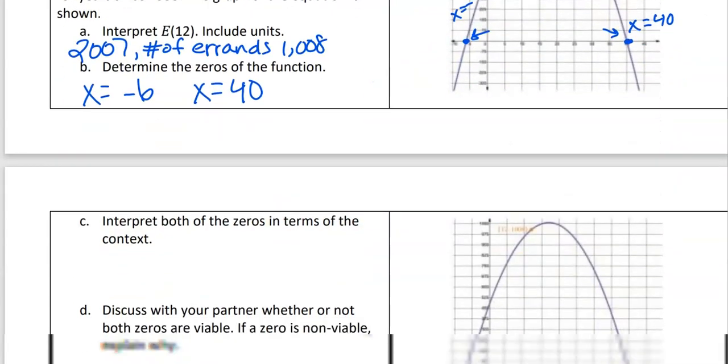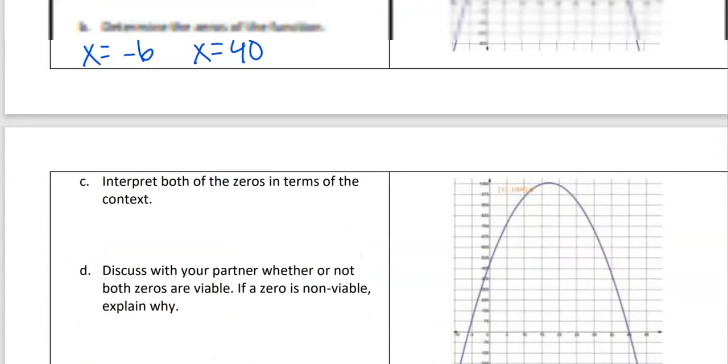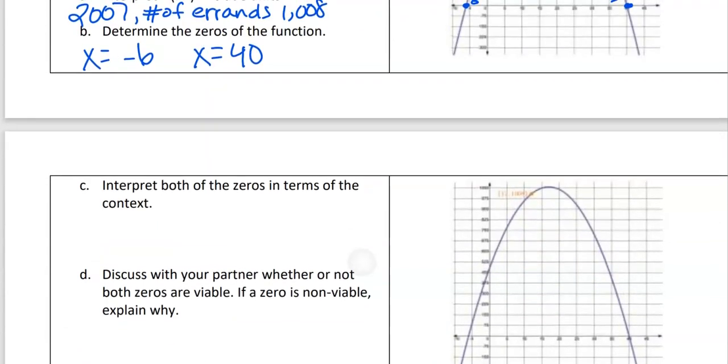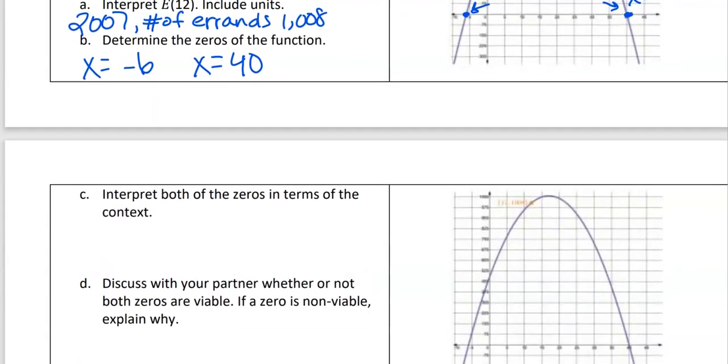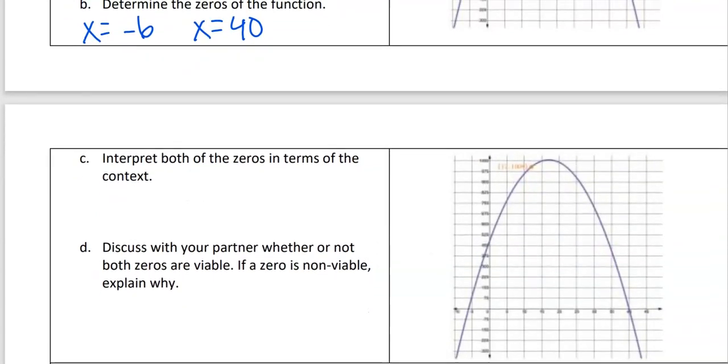All right, so now what we're going to do on the back, so it's the same graph, C and D go with the same problem. So we're going to interpret both zeros in terms of the context. So we're interpreting x equals negative 6. We're interpreting x equals 40. So if we have x equals negative 6, what year am I looking at? Yes, 1995 minus 6.